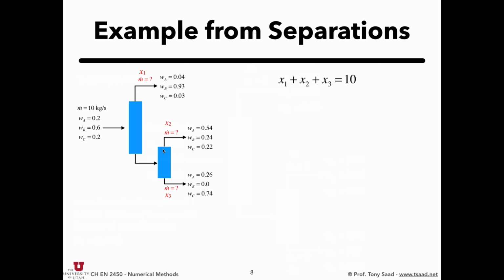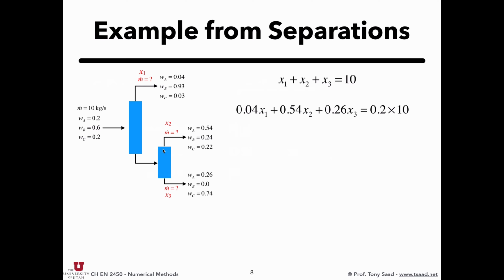Now, if you look at A, we have 0.04 times x1, which gives us the flow rate of A at station 1, plus 0.54 times x2, the flow rate of A at station 2, plus 0.26 times x3, the flow rate of A at station 3. That should be equal to the total A that's coming in from the left, which is 0.2 times 10 kilograms per second.